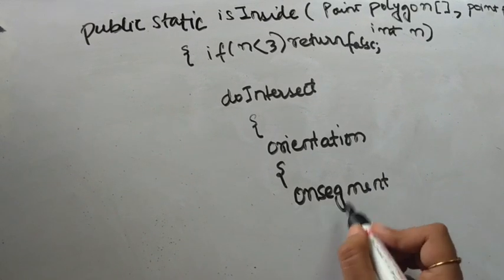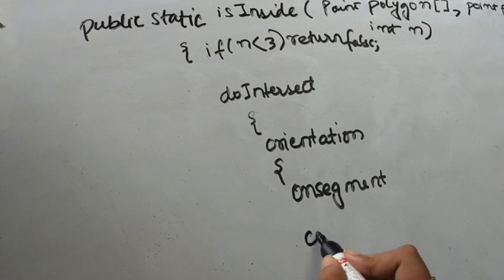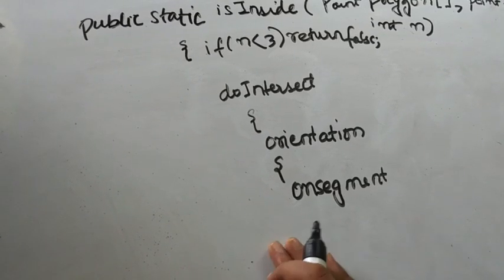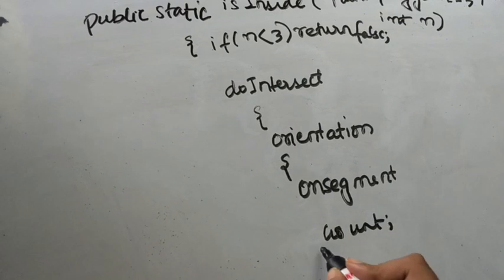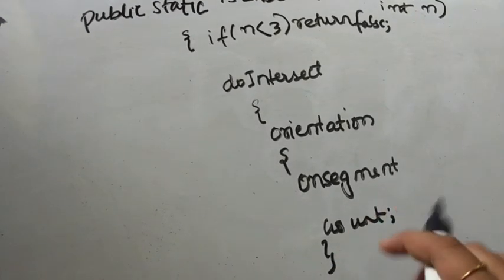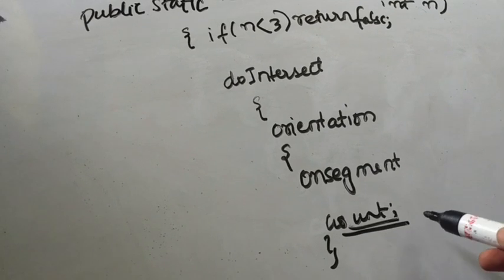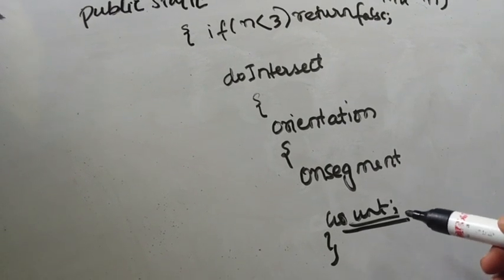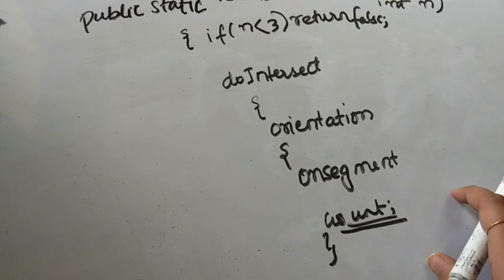And if this is also true, then let us say we take a counting parameter and increment the count, right? Then I'm going to check if this count is an odd number, and only then can I say that my point lies inside the polygon.